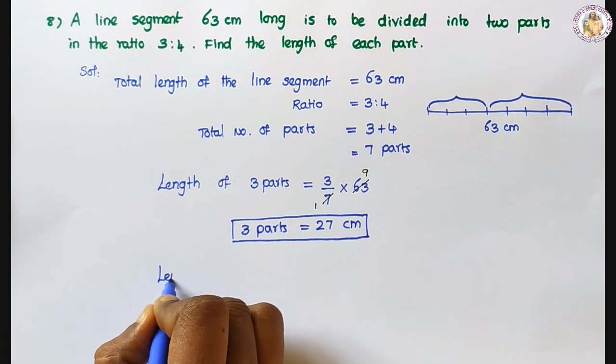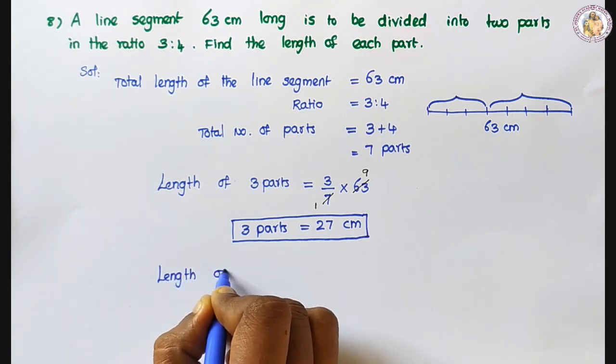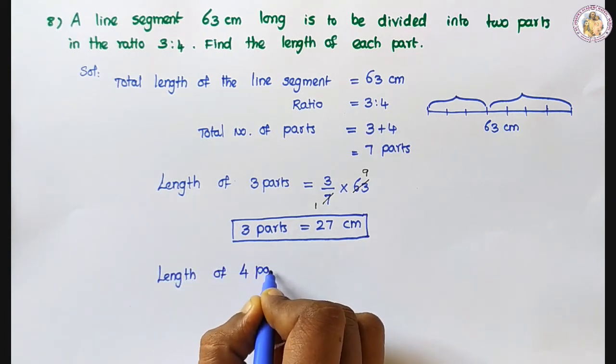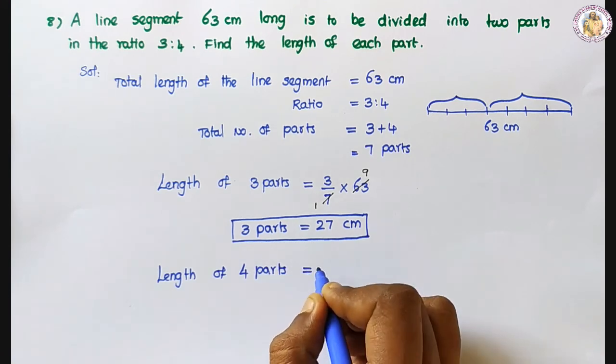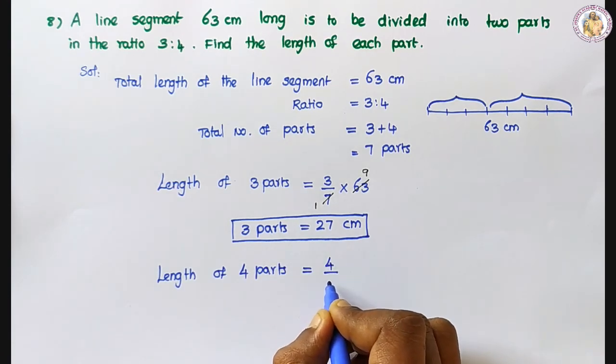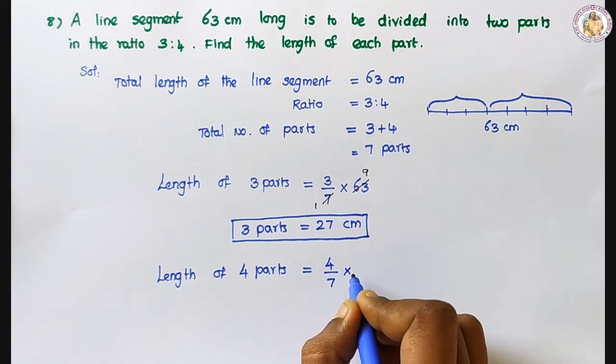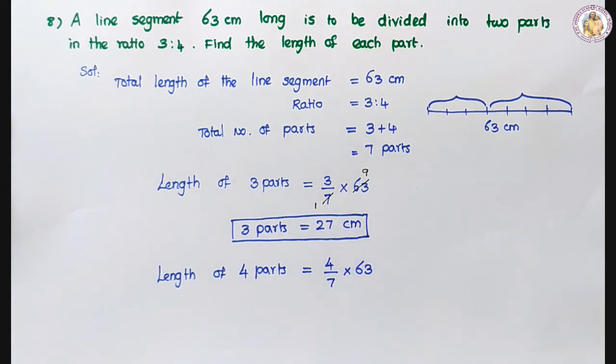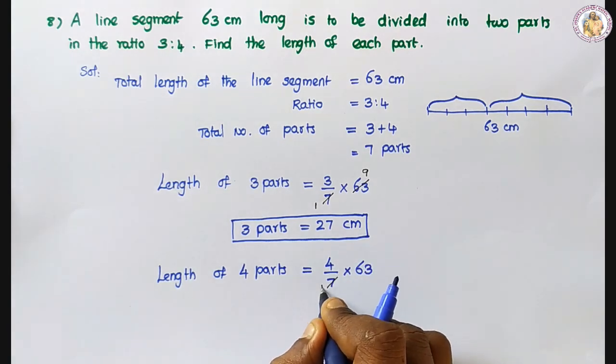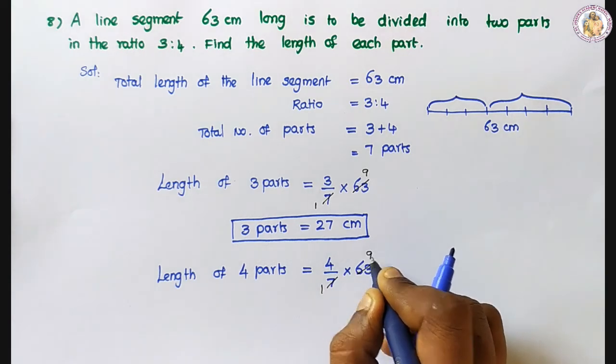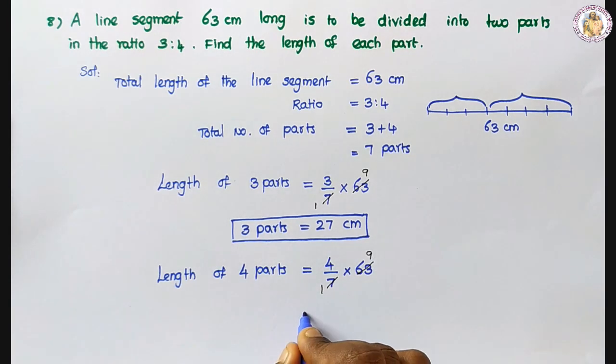And then length of 4 parts equal to 4 divided by total number of parts 7 into total length 63. 7 1 is 7, 7 9s are 63.